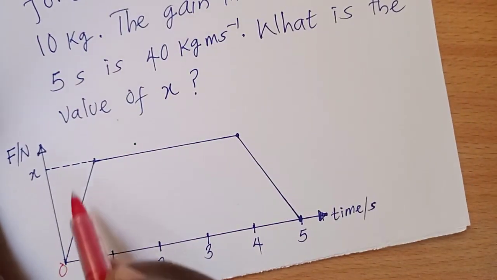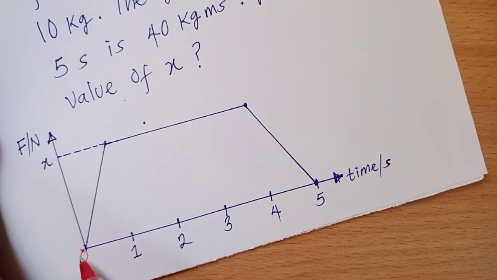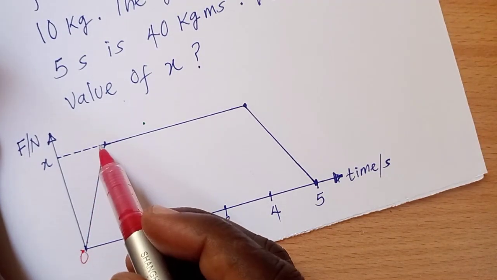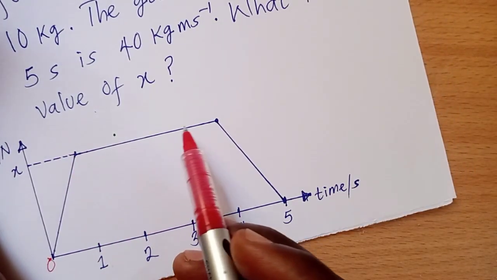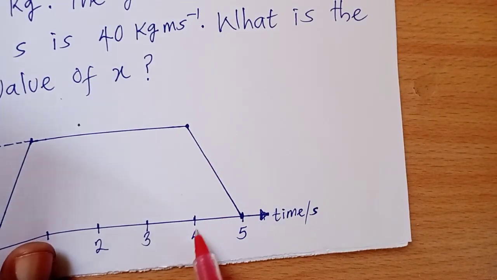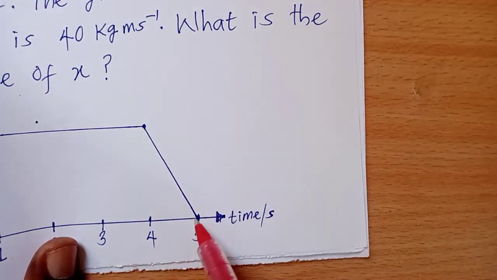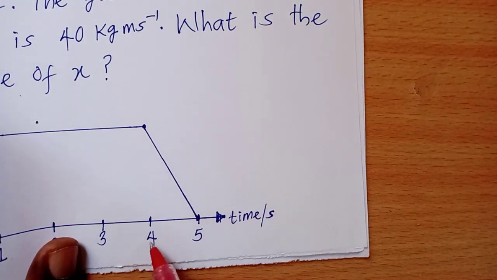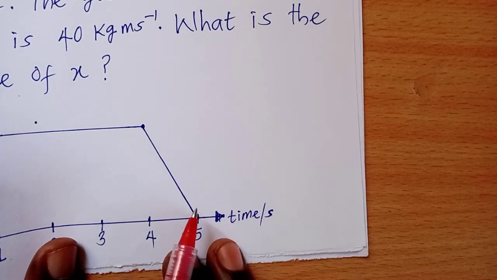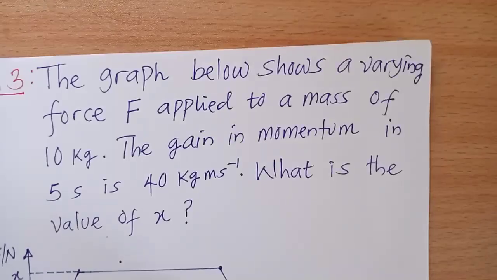And how long does it take to act on the body? Firstly, it increases from 0 to this value that we don't know, then it remains constant until it takes 4 seconds, and then after 4 seconds it suddenly drops to 0 again in 1 second, because between 4 and 5 you have 1. Okay, the question is, what is the value of this x?